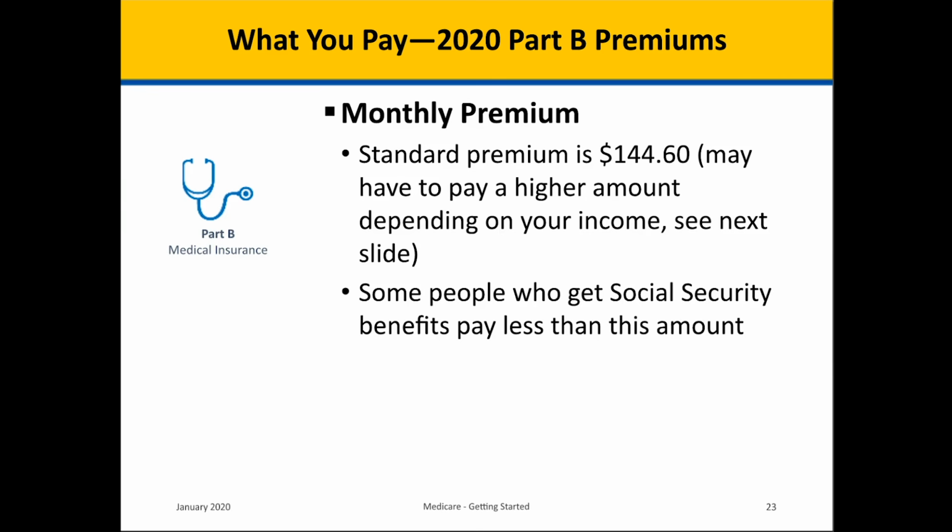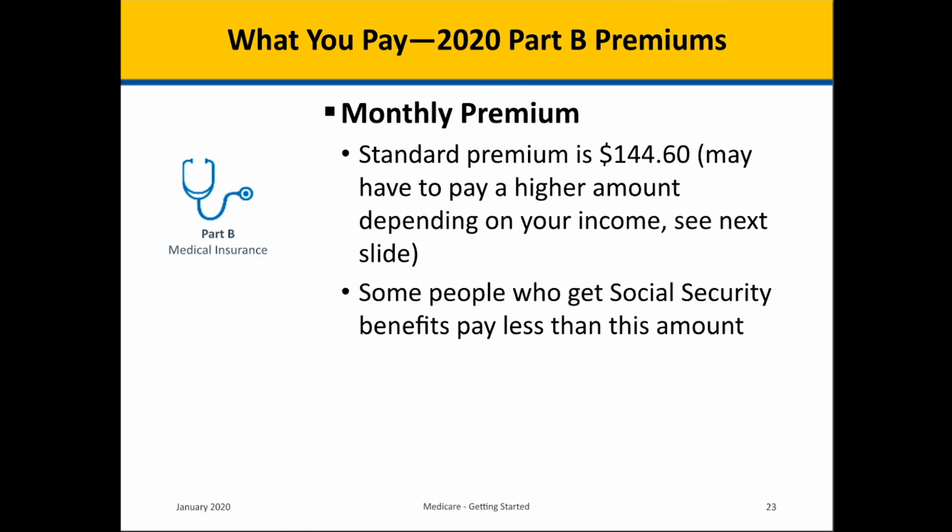And you will pay that amount if you enroll in Part B for the first time in 2020. If you're not getting Social Security benefits and are direct billed, you will pay the $144.60. However, if you have Medicare and Medicaid, Medicaid will pay that premium, and they will pay that standard $144.60 this year.